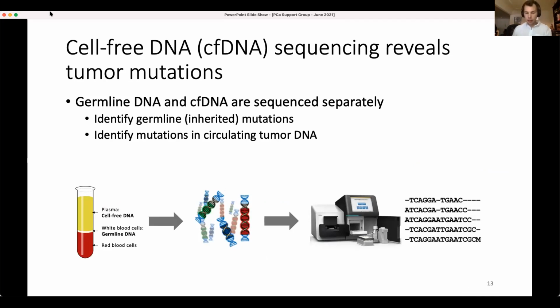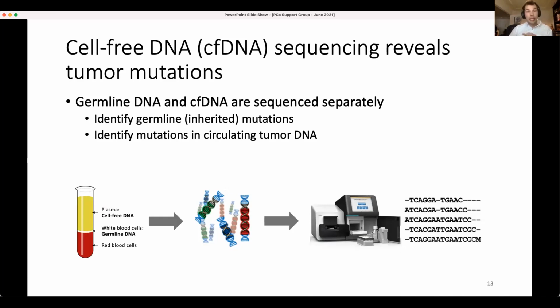So our lab, Dr. Alexander Wyatt, together with Dr. Kim Chi at BC Cancer, have begun a biobanking program where patients who are diagnosed with metastatic prostate cancer and consent to this research provide us a blood sample. And from this minimally invasive blood sample, we can collect cell-free DNA as well as germline DNA.